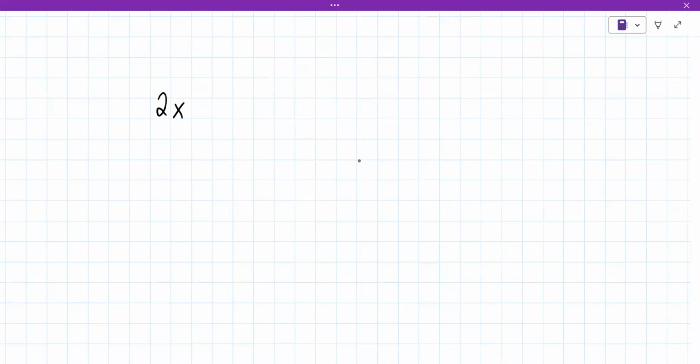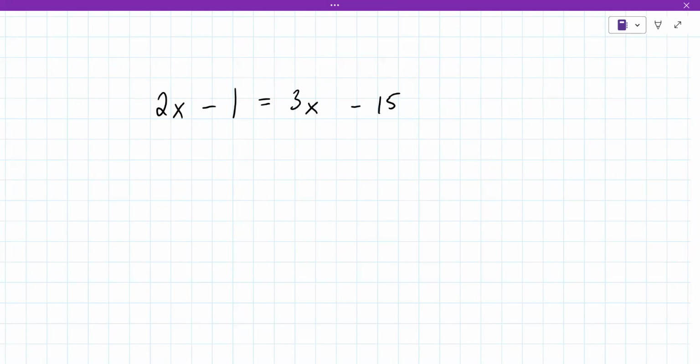Let's go at 2x minus 1 equals 3x minus 15. See if you can solve that, please. So 2x minus 1 equals 3x minus 15, plus 3x, plus 3.